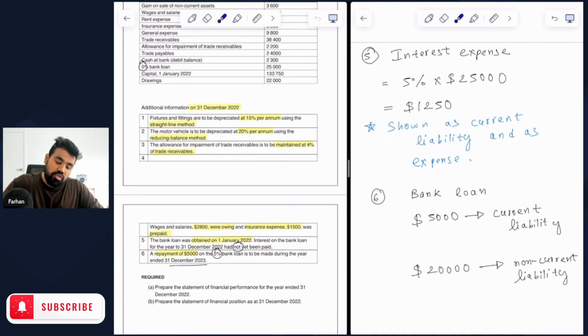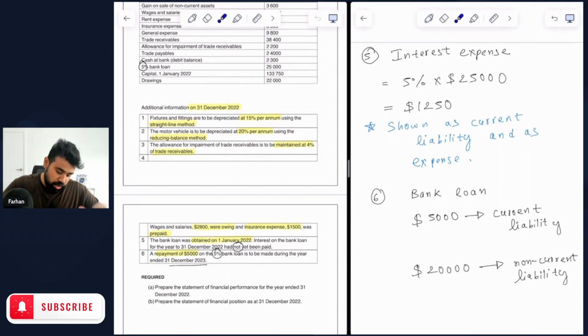And we must show this $1,250 as a current liability in the statement of financial position, and also the $1,250 as an expense that has been incurred for the financial year ending 31 December 2022 in the statement of financial performance, which is the income statement. Okay, so as you can see, we have two separate things to do for the interest as well. One goes to the current liability and one is shown as an expense in the statement of financial performance. Now let's go to additional information number 6.